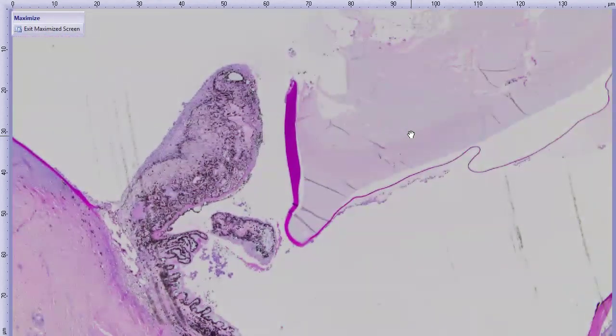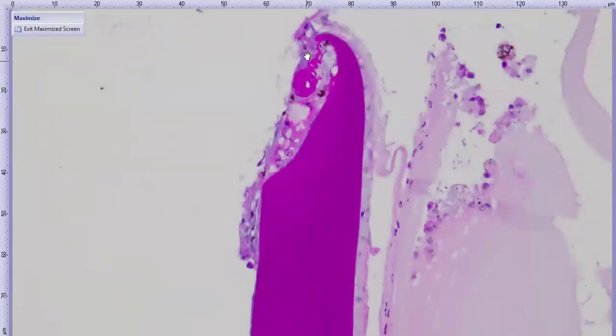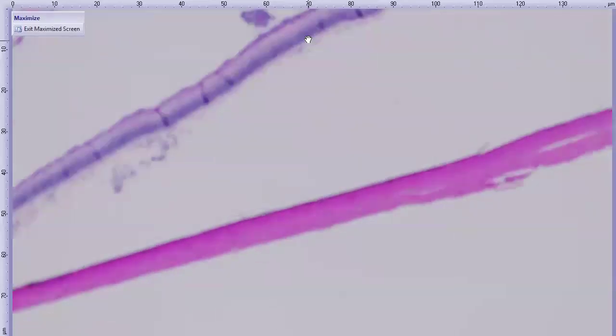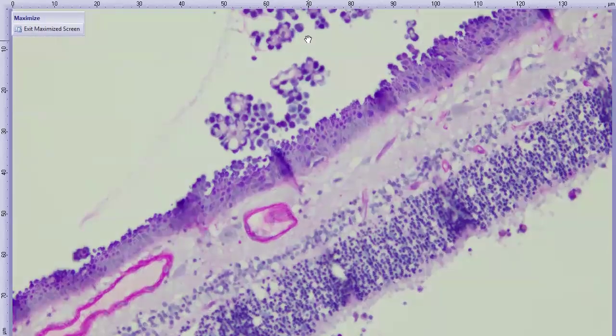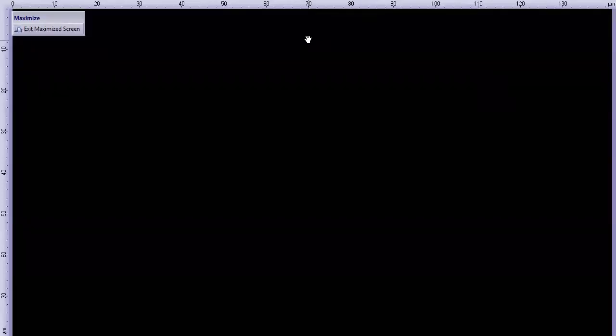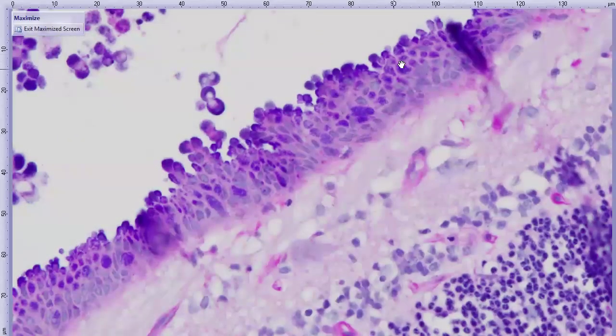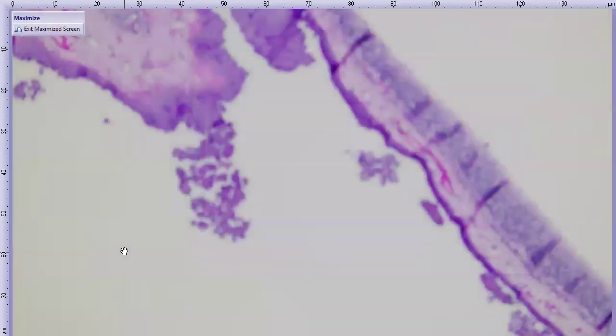So we can see our lens capsule again highlighted very bright pink and magenta here. Get it in focus for you. There we go, a little bit here, some little curling and disruption. Again, good for lens capsule rupture. And then if we find a nice spot, we can see some of the goblet cells being highlighted here with their mucinous material in their bellies.